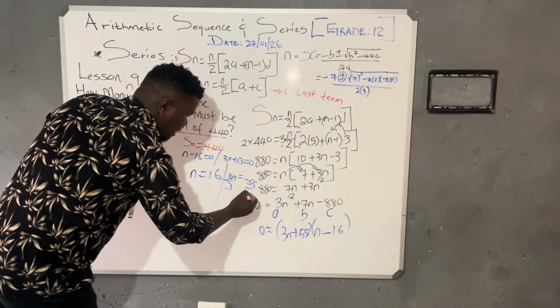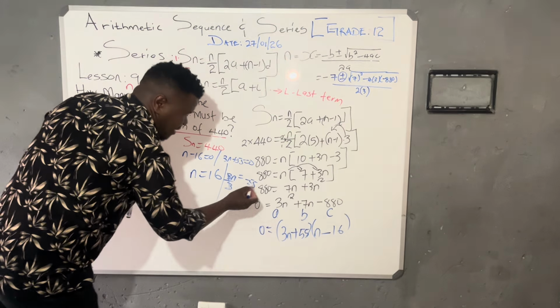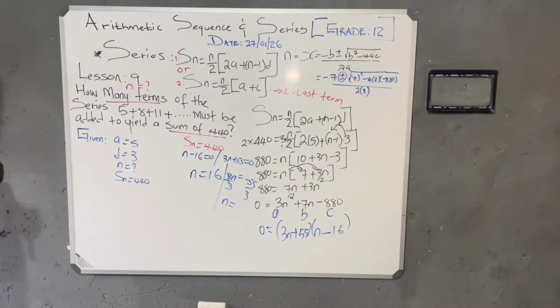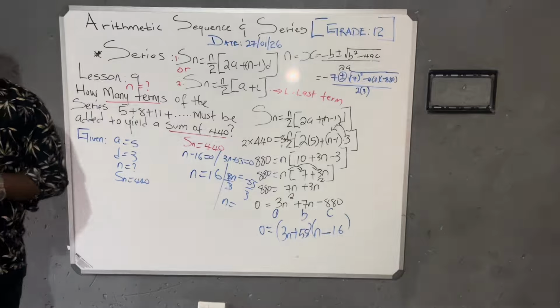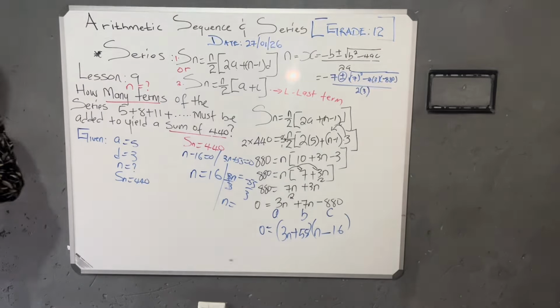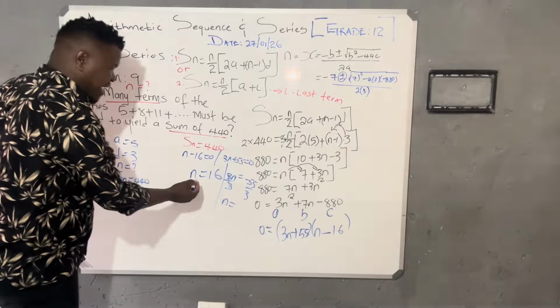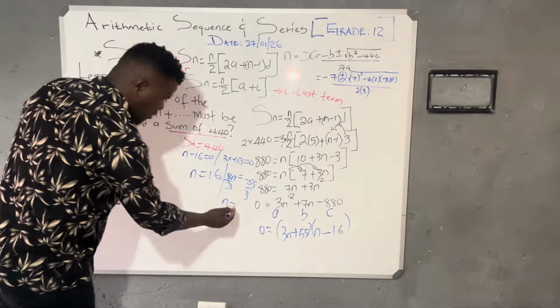When you divide by 3, as you can see, when you're talking about number of terms, consider natural numbers. We cannot take the negative. N should be a natural number. So in this case, we are going to use n equals 16 and not this one.